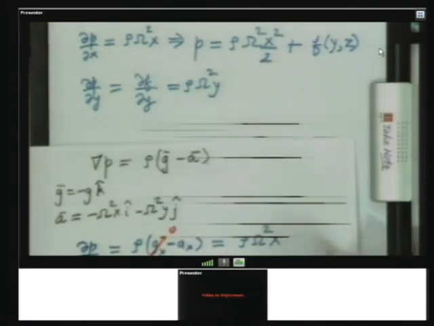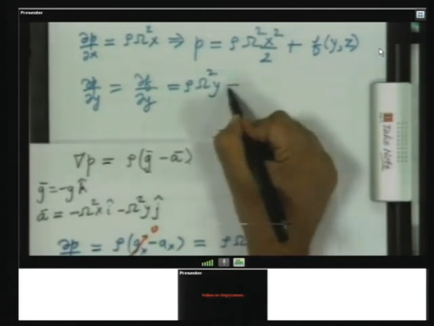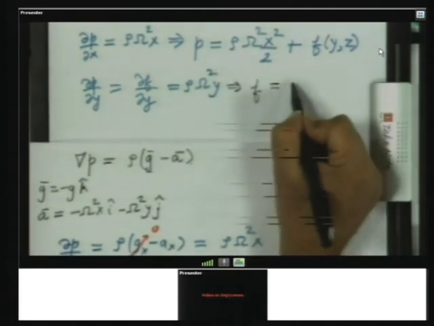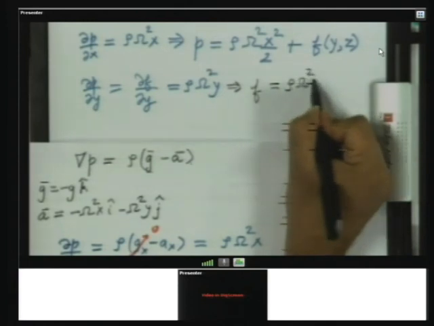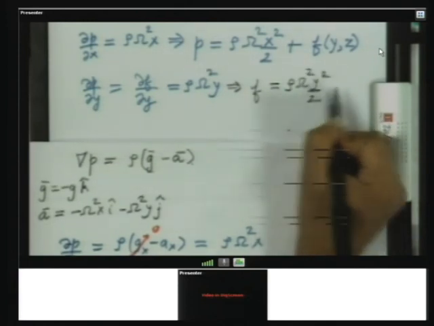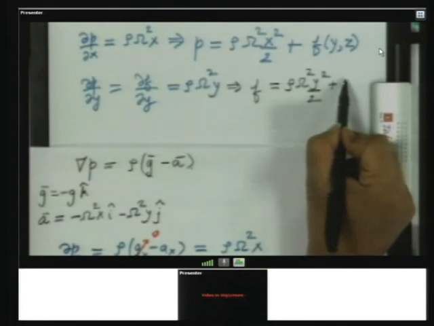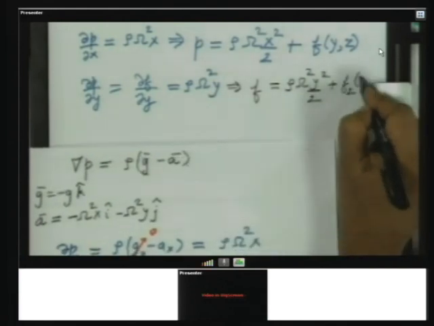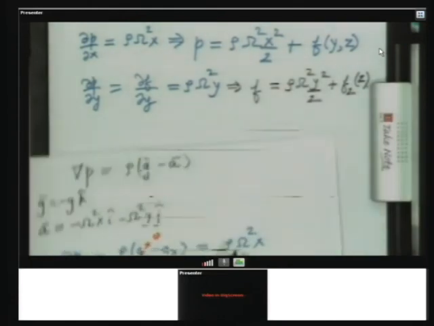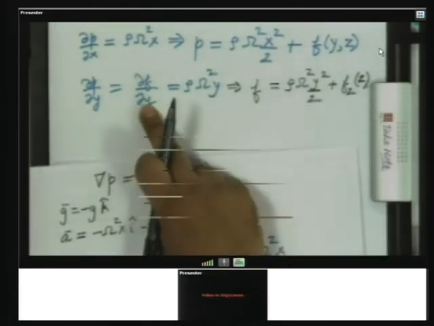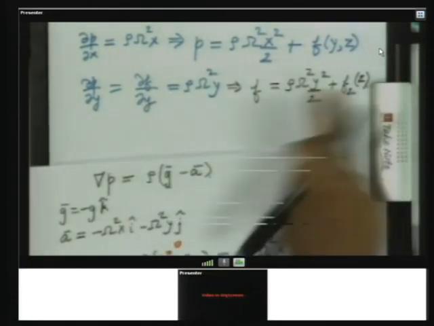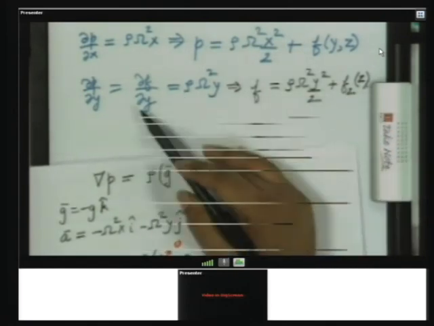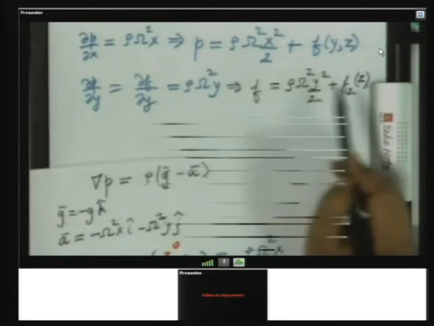Now, this we can integrate with respect to y, and you will get f is equal to rho omega squared y squared by 2 plus some function which you can call, say, f2 of z. Again, had this been a total derivative, this would have been a constant, but this is a function of y and z. So, when you are integrating partially with respect to y, this will be a function of z.